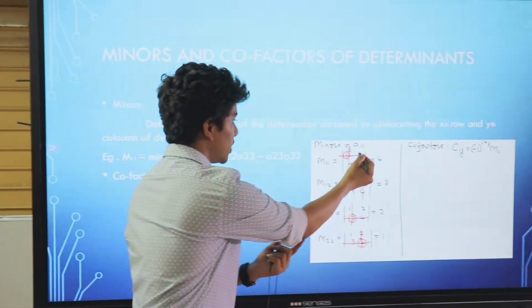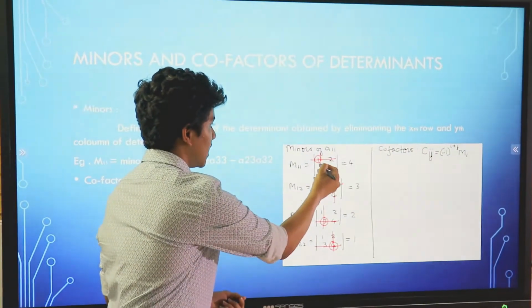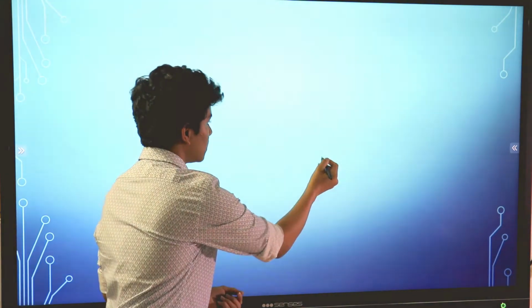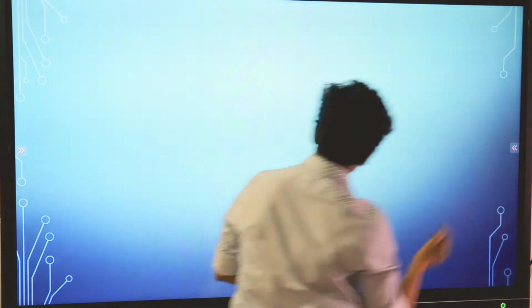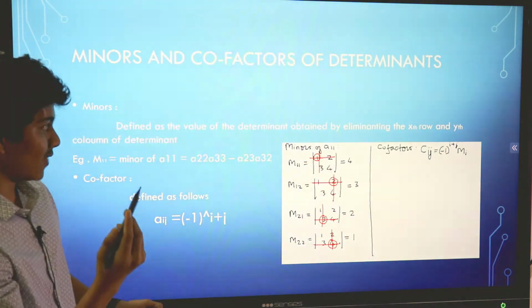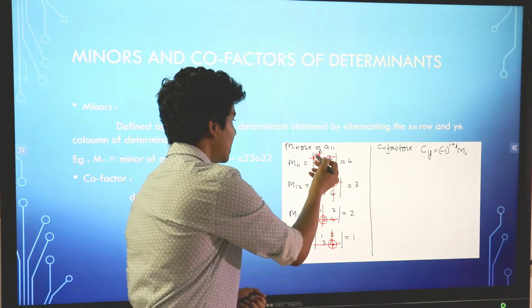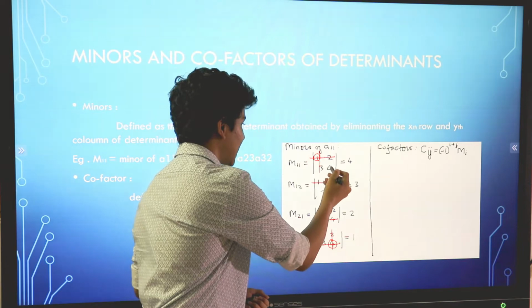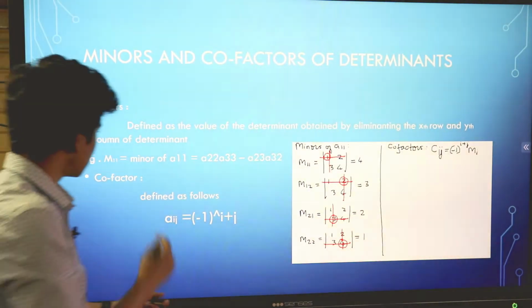The order right now is 2 into 2 because we see 2 columns and 2 rows. So if we say 1 into 1, this is basically like the coordinate, the very first one here. So if I'm saying xth row and yth column, which if I replace by 1 and 1, the first row and first column, I'm eliminating these parts. So the answer I get here is 4. Similarly, for 1, 2, 2, 1 or 2, 2.